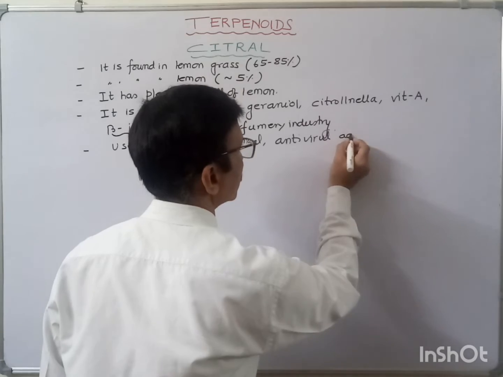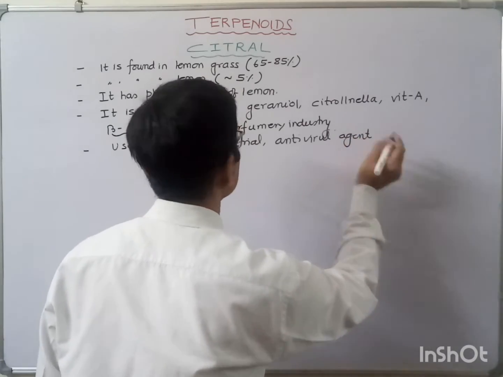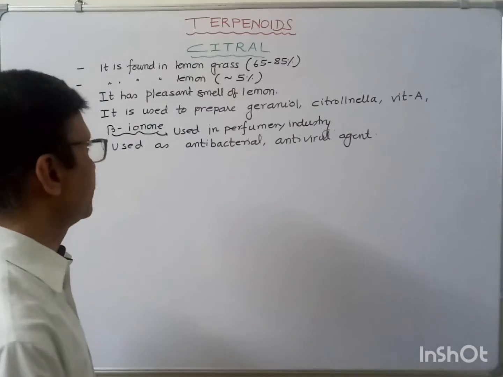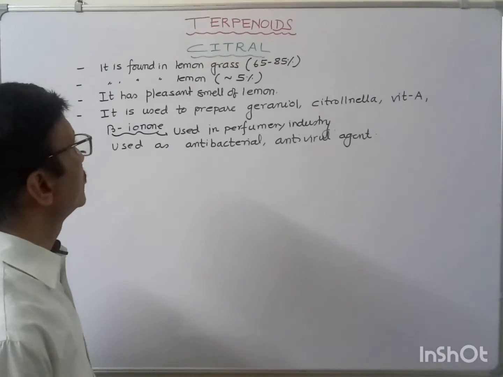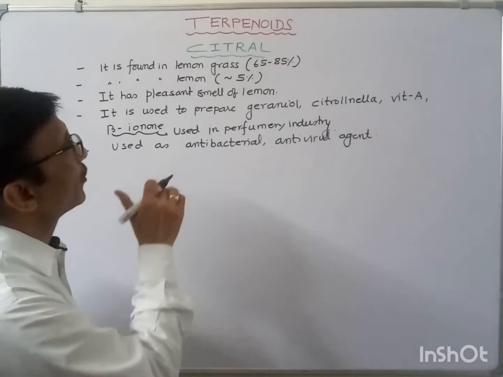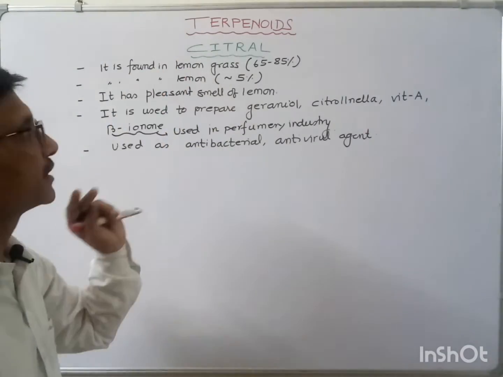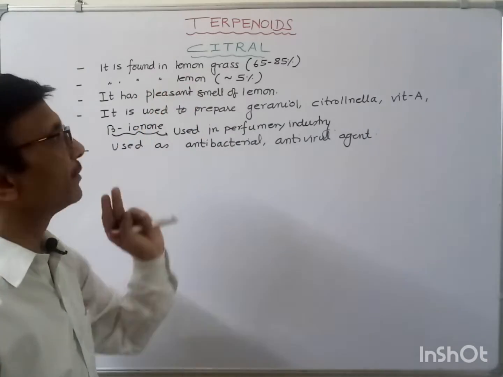And it is used as an antiseptic also. So these are some of the important properties of citral, found in lemongrass and lemon.